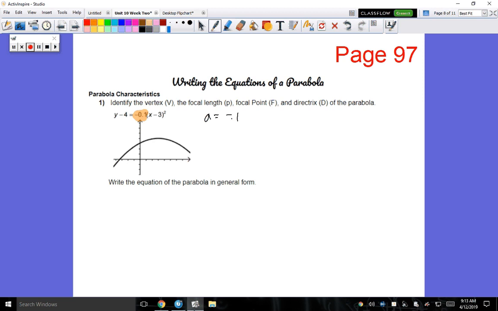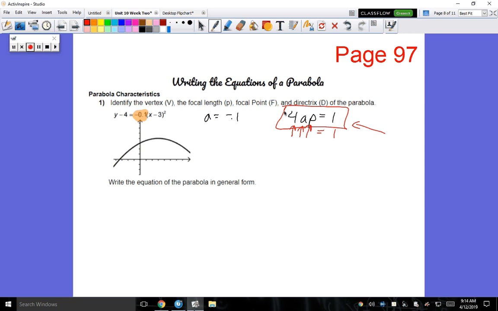So if a is equal to negative 0.1, we're going to use 4ap is equal to 1 as my equation. And some of you can memorize that easily. Mrs. Hamilton gave us a nice idea to memorize this. You can think of it as taking 4 AP classes is one tough year, if you will. However you want to memorize that 4ap is equal to 1, by all means do so.